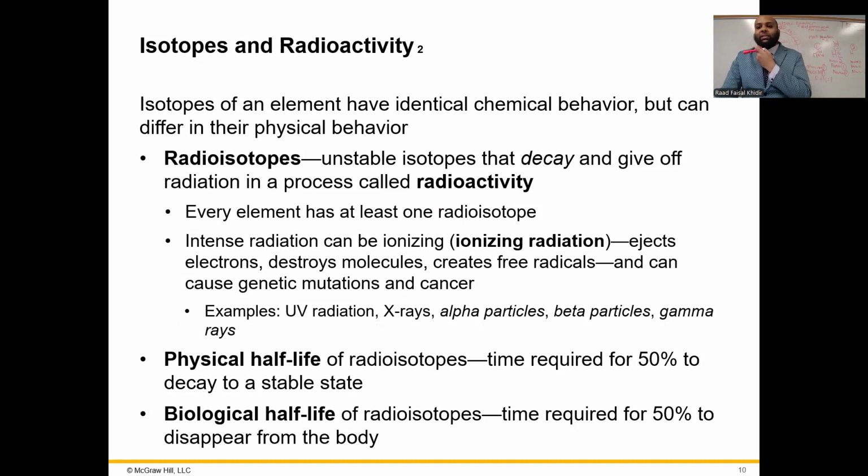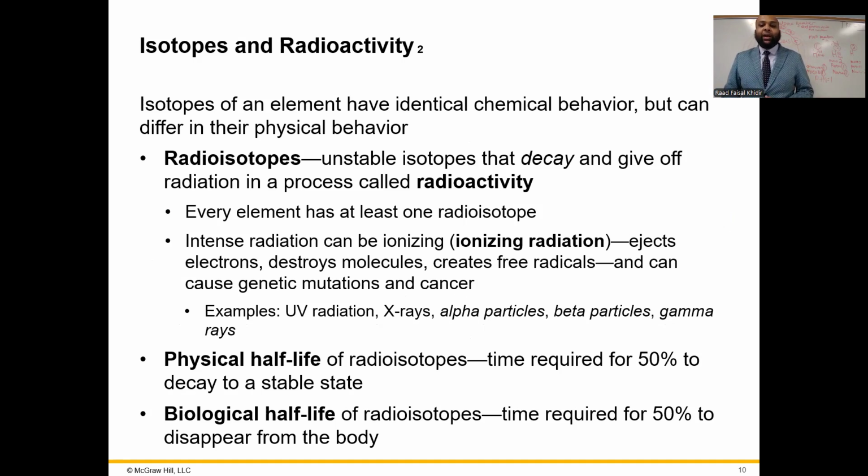Isotopes of an element have identical chemical behavior, but they can differ in their physical behavior. So radioisotopes are unstable isotopes that decay and radiate. They give off radiation in a process called radioactivity. Every element has at least one radioisotope.